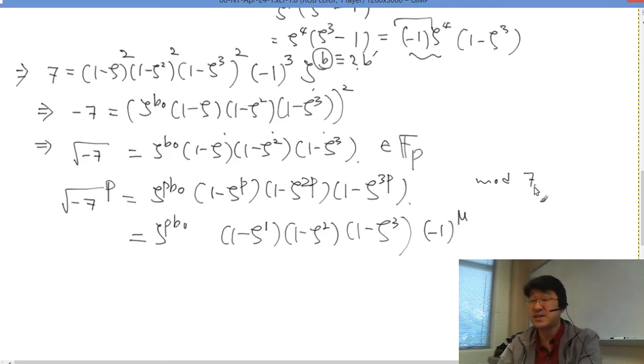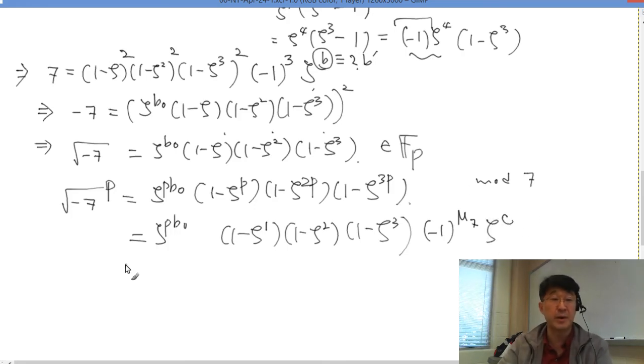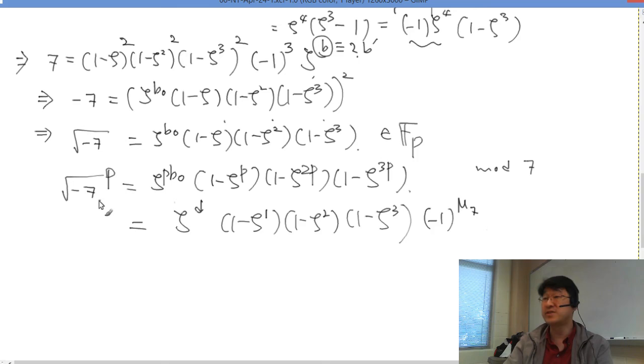So emphasizing that it's in the mod 7 world, I'm just going to call it mu 7. It's a mod 7 world. And then there's another bunch of zeta to the something. I'm going to call it C. So all together, pile them up here, we have zeta to the D, I'm going to call it. It looks like that. If you raise it to the pth power, this one is reshuffled perfectly nicely using the Gauss lemma into the original shape again with a bunch of copies of negative 1.